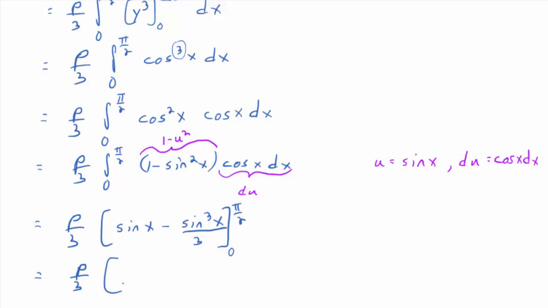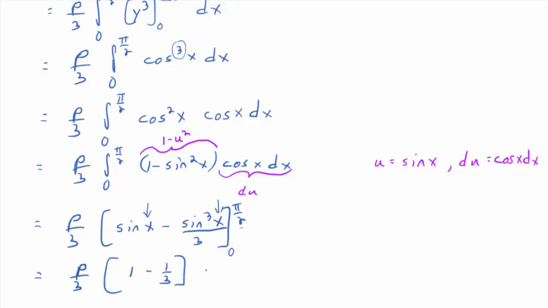Okay, that's 1, sine of pi halves. Plug in the upper limit, fundamental theorem. Sine of pi halves is 1. Plug it in here, sine pi halves cubed, still 1 over 3. Then you plug in 0 for both the sine function here, and you get 0.